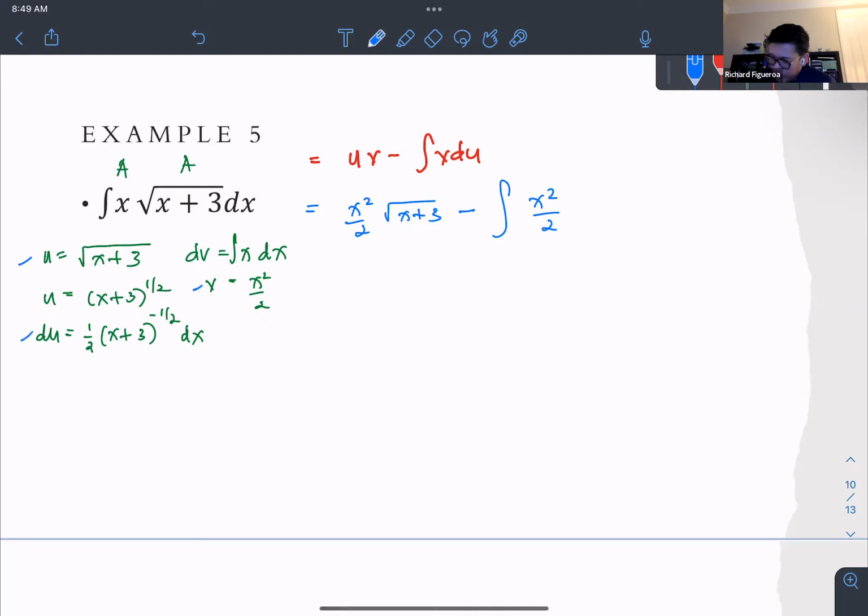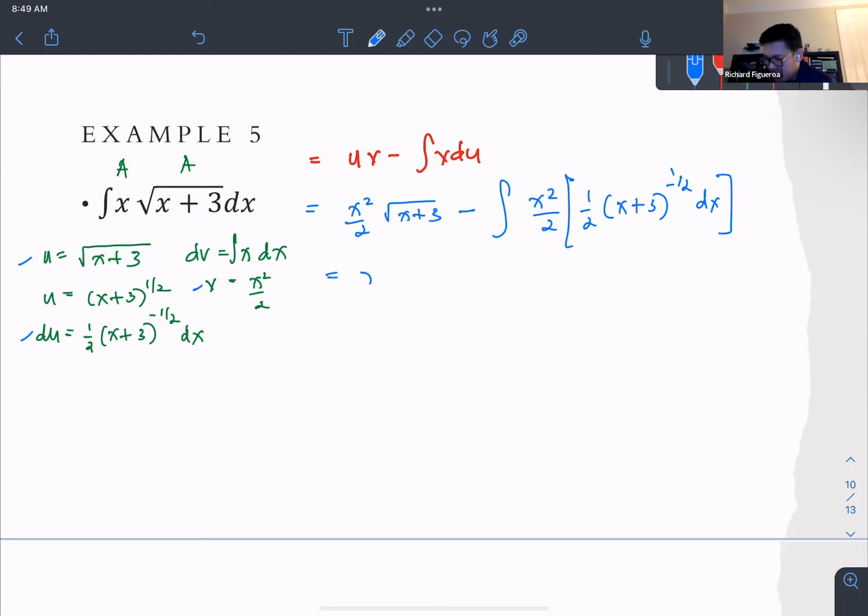Ang du natin is ito. Multiply it with 1/2, and then x plus 3 raised to negative 1/2 dx.